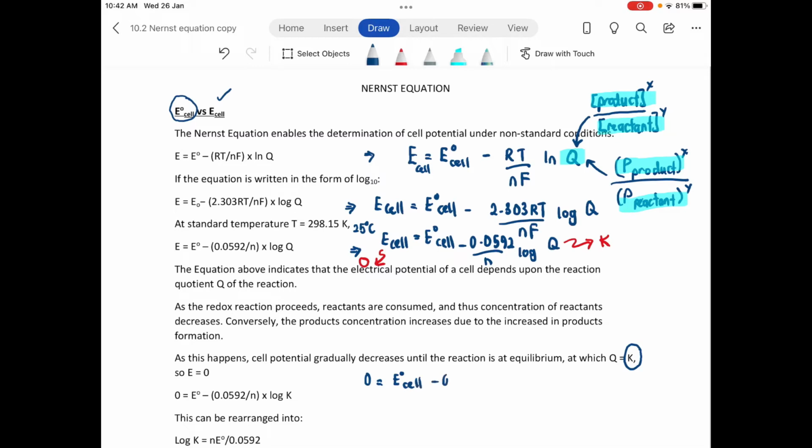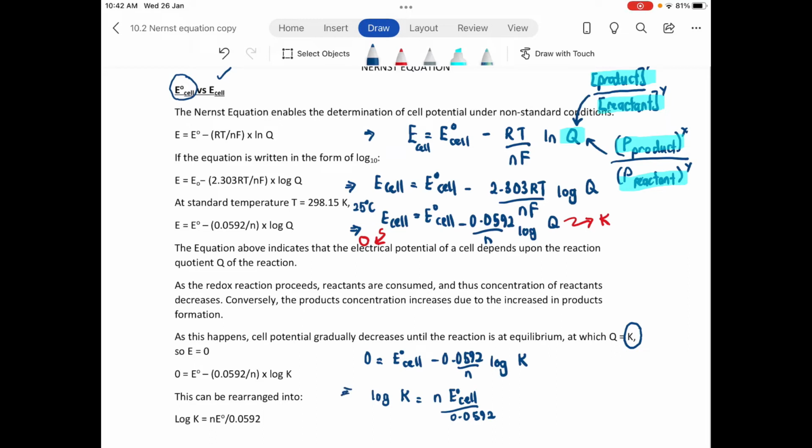So E naught cell minus 0.0592 over n log K. And when we rearrange the equation, we will end up with this equation. E cell divided by 0.0592.